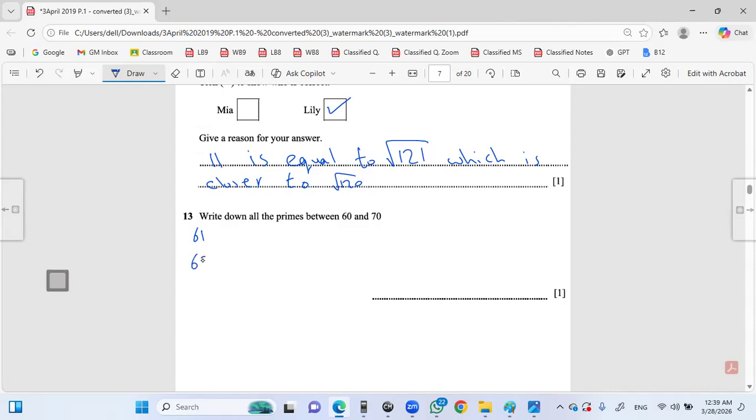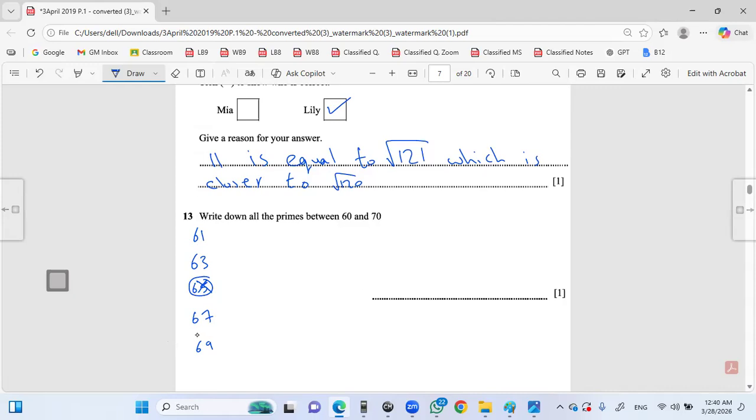So I have here 61, 63, 65, 67, 69. Definitely, I'm going to cancel the 65. It is obvious that it is divisible by 5, so I'm not going to take it. For the other numbers, 61, 63, 67, 69, don't go and write them yet, because you must check if they are divisible by 3 or not.